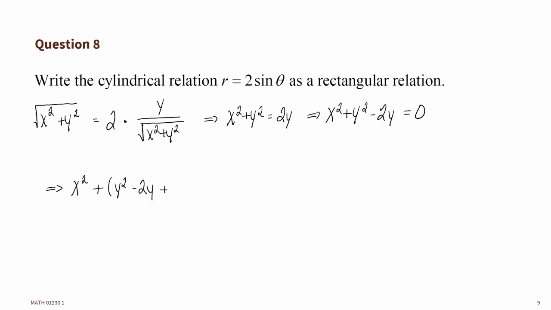One. But am I allowed to add 1? You have to subtract. The only thing I'm allowed to add is 0. So I'm also subtracting 1. But I'm just going to do it this way, because I have an equation. If I add 1 to one side, I'll just add it to the other. Same as adding 0.